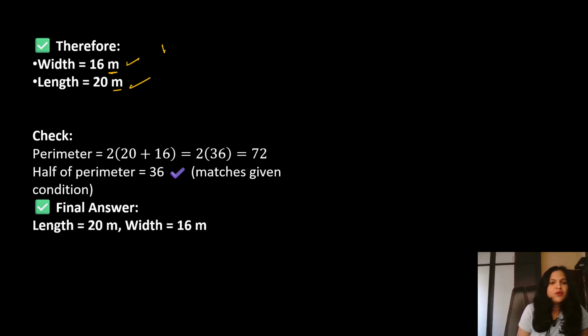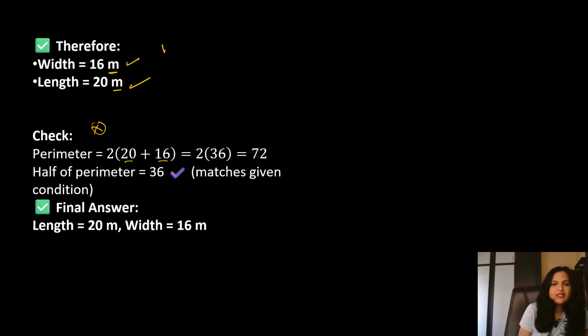Check the perimeter now. Cross check, this is verification. If you don't do it also, it's okay. If you want to cross verify whether your answer is correct in your exams, you have to do this. Perimeter is 2 into width plus length. Width is 16, length is 20, 20 plus 16 is 36, 36 into 2 is 72.